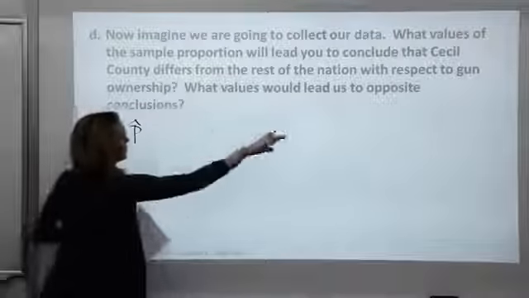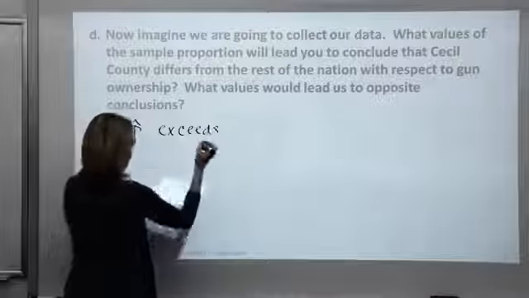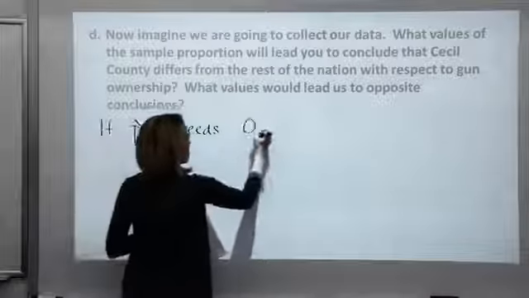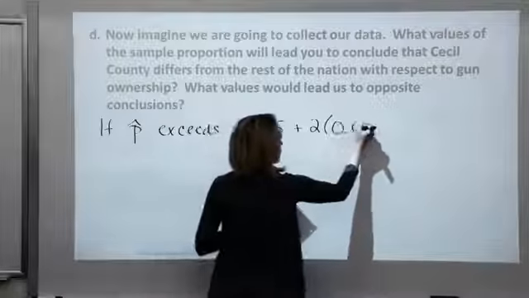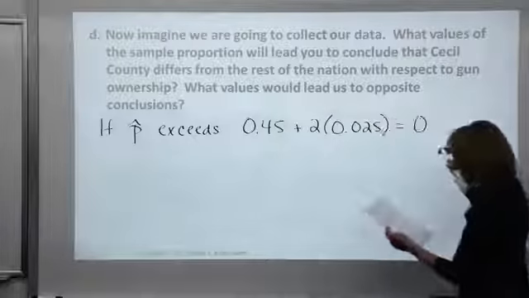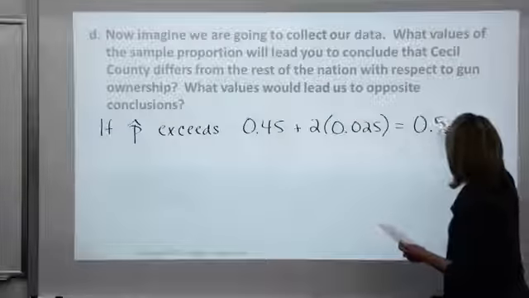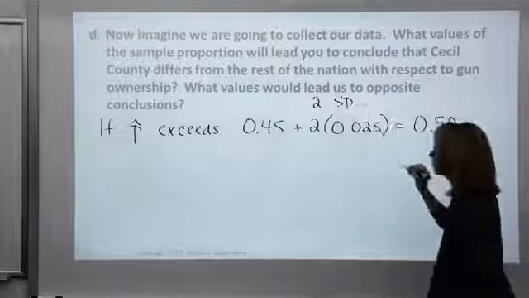If p hat were to be bigger than 2 standard deviations above the mean, that would be unusual. This was out at 50%. So this is 2 standard deviations that we're moving.